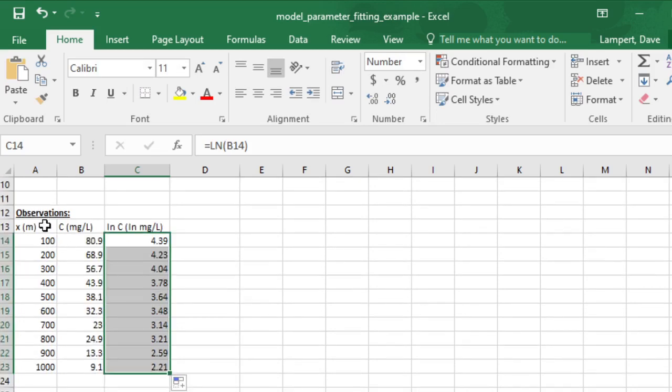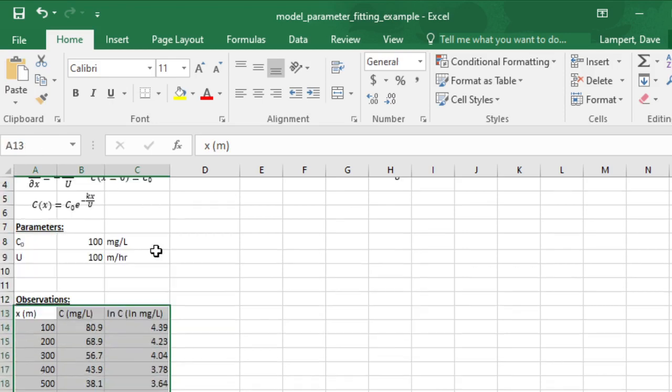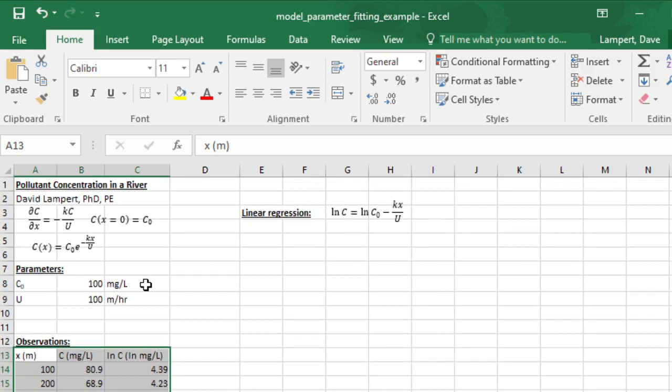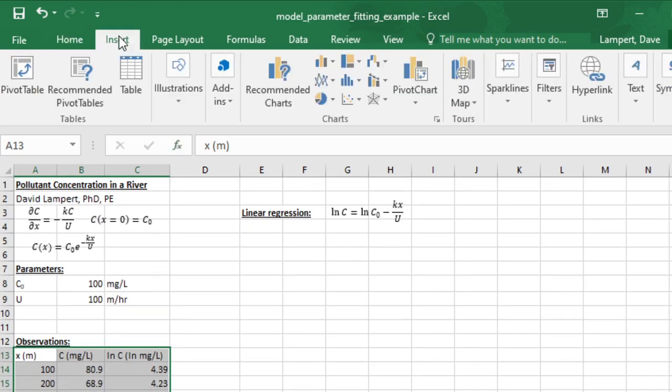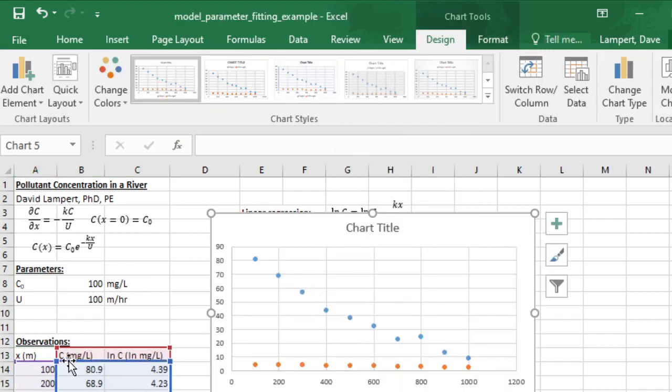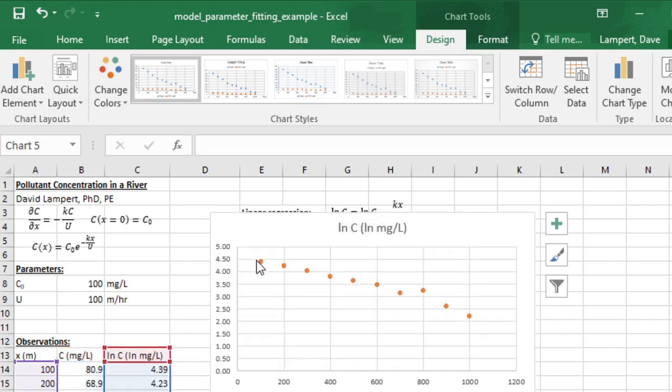Now I'm going to make a quick plot of this. Excel has a really handy feature: you can very quickly grab the linear regression from a plot, so I'll show you how to do that. We'll make a scatter plot. You'll see it has both the C and ln C, so I'm going to click on this, delete the C values, and I'm left with the data here.